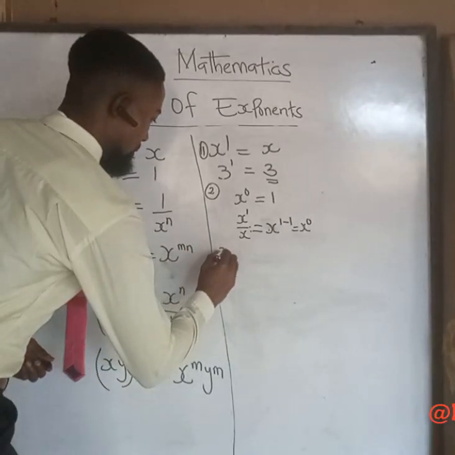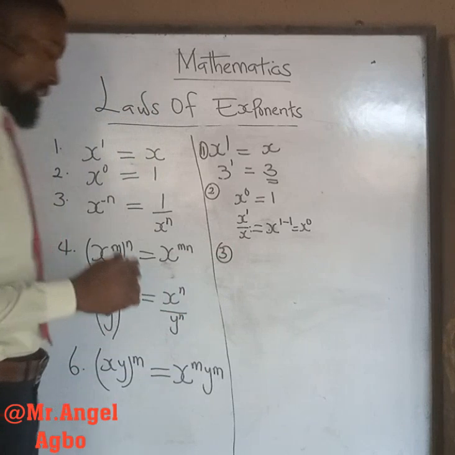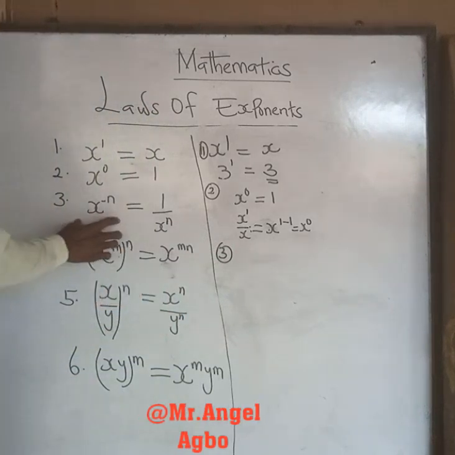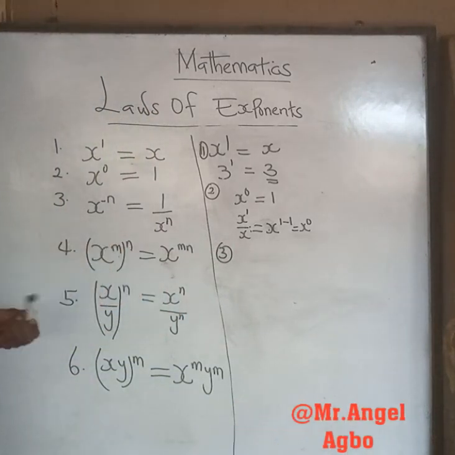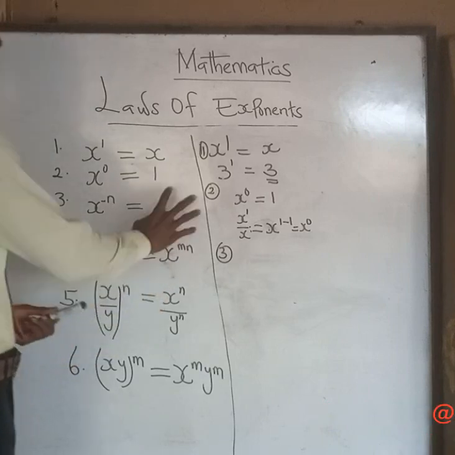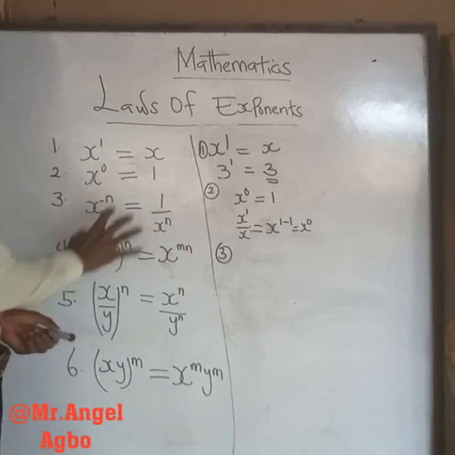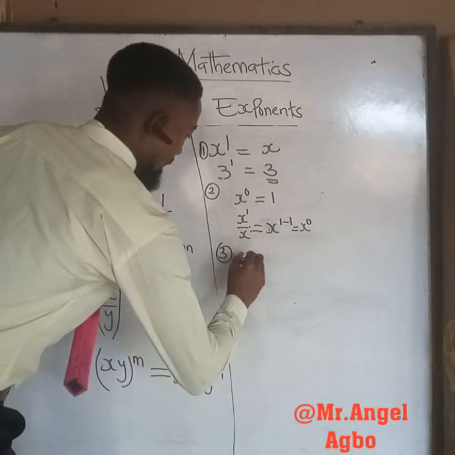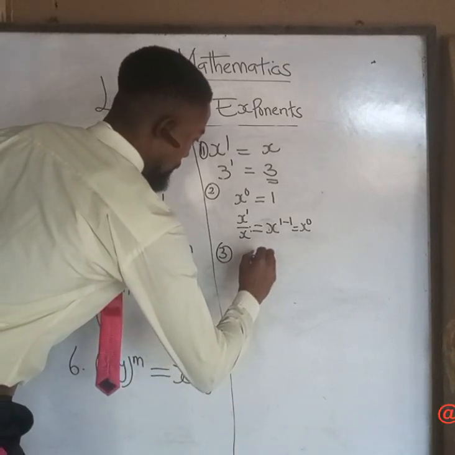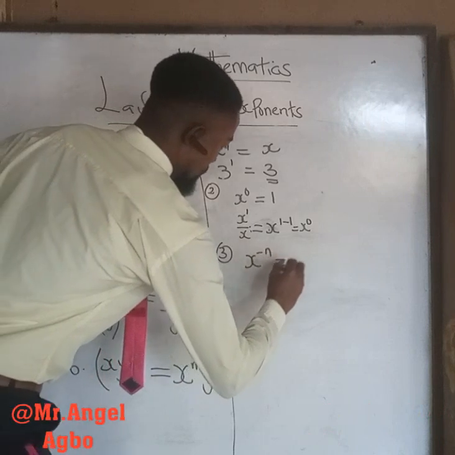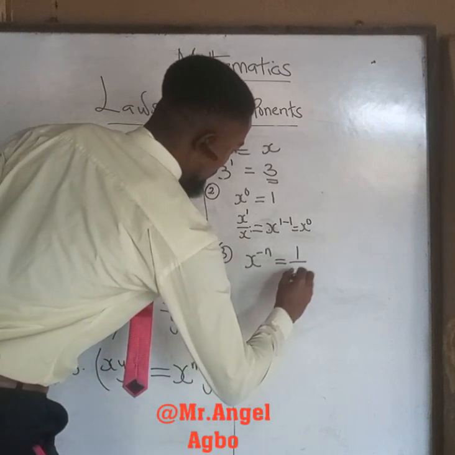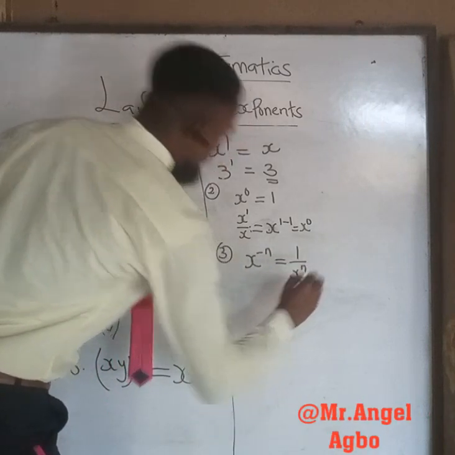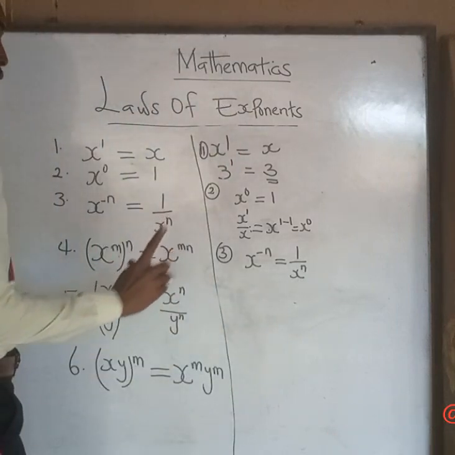Number 3, we have x raised to the power of minus n is equal to the inverse of what you have here, raised to the power of n. x raised to the power of minus n is equal to 1 divided by x raised to the power of what? n. Let's use 3 again to explain that.